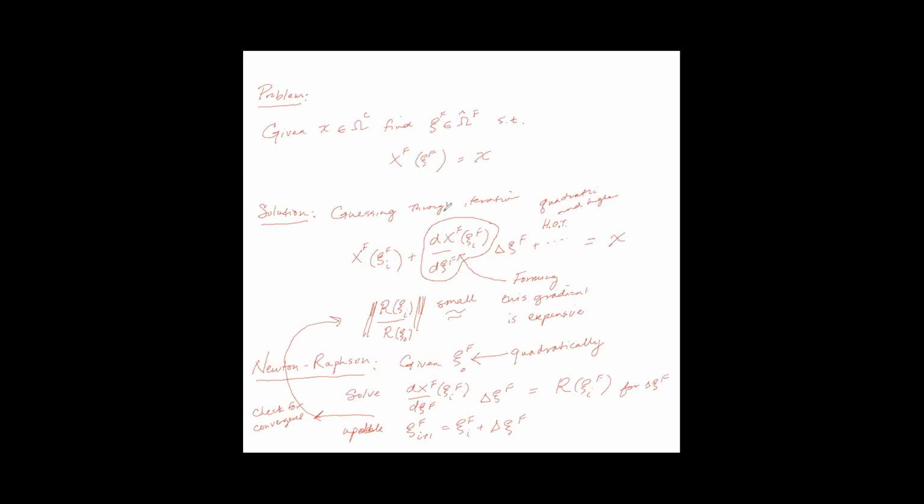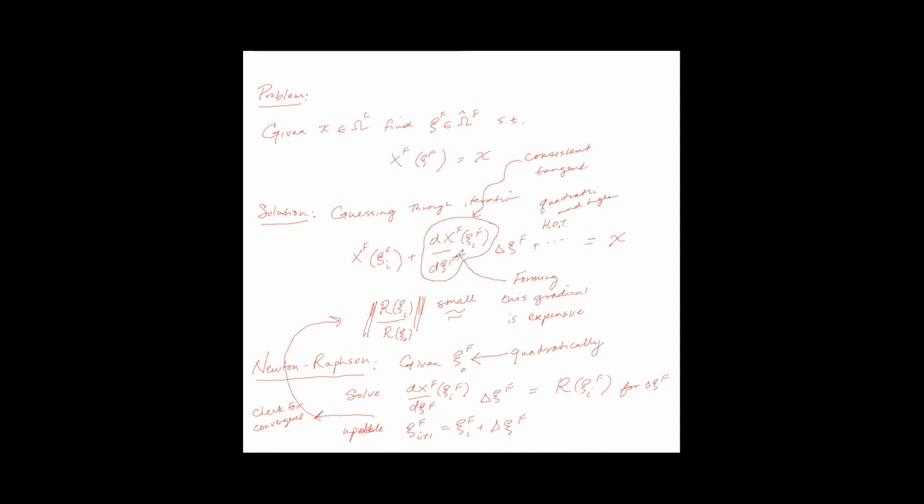Yeah, I would add it's not only expensive to form, but it's often very difficult to formulate. Far more difficult than the residual. So going and adding more higher order terms sounds like a nightmare. We'll come back to this in the context of continuum problems, but for those of you who have been in this world, we call this the consistent tangent. And the term consistent comes from the fact that it's consistent with this Taylor series.